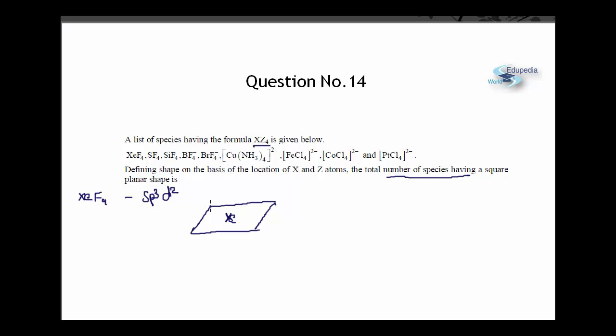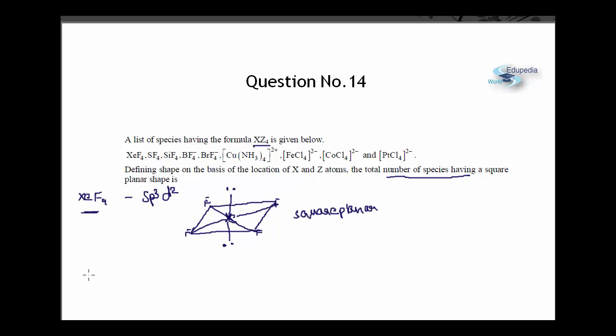This is your xenon atom, and the four fluorine atoms will be at the four corners, and the remaining two lone pairs will be at two other corners. Okay, so when we tell a shape, we just consider the bond pair of atoms. So clearly this particular shape will be a square planar structure. Octahedral geometry with two lone pairs is square planar in nature. So XeF4 will be my answer. I will consider this as one.